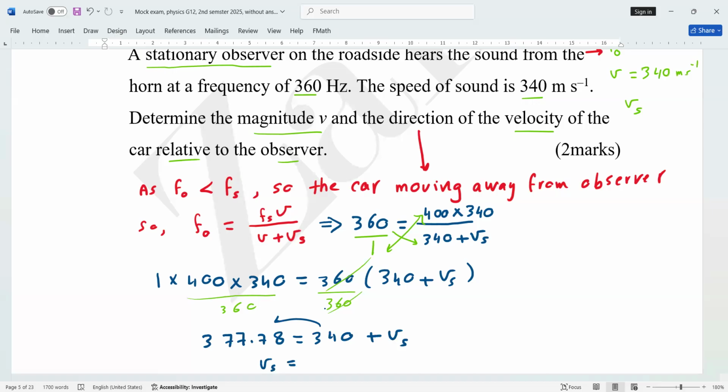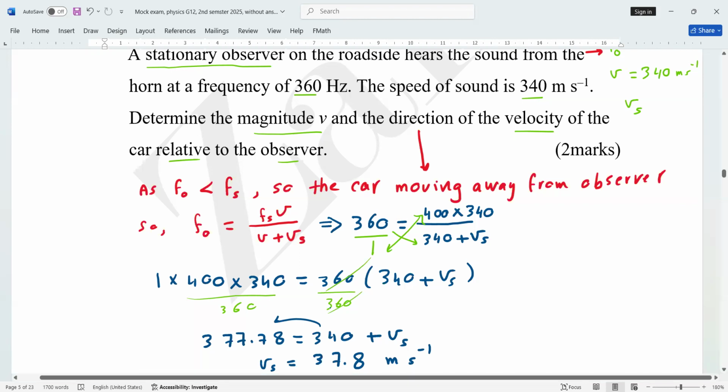Then the answer is 37.8 meter per second. So this is the answer of this question. Next question.